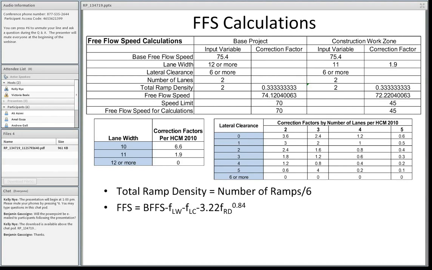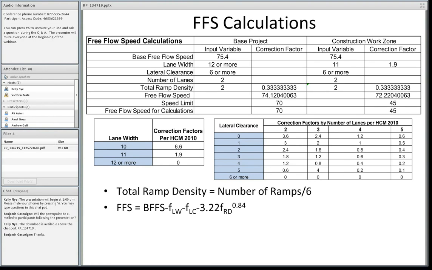And then the number of lanes and the lateral clearance go hand in hand to come up with a correction factor for that element. Ramp density is the number of ramps in that 3 miles upstream and downstream, divided by 6, because there are 6 miles total. And then the equation that is used with the Highway Capacity Manual and software is shown below, so that you can see how those calculations are conducted for both the base project as well as the construction work zone.